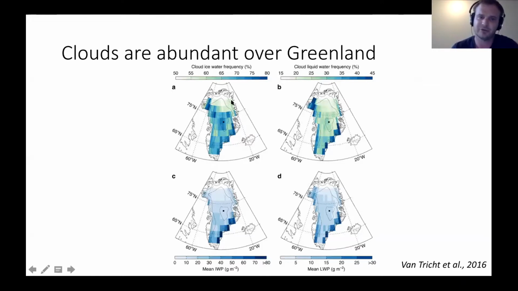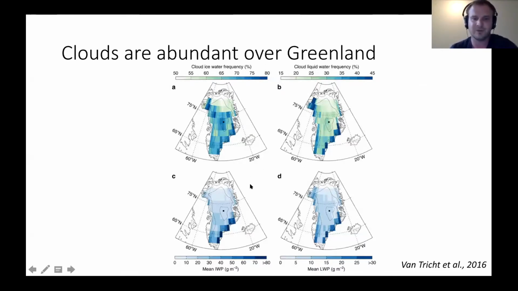Ice clouds occur more than half of the time for basically the entire ice sheet, apart from the north. And also water clouds, which are so important for the surface energy budget, occur frequently, mostly on the edges of the ice sheet, the southeast as well as the northwest.